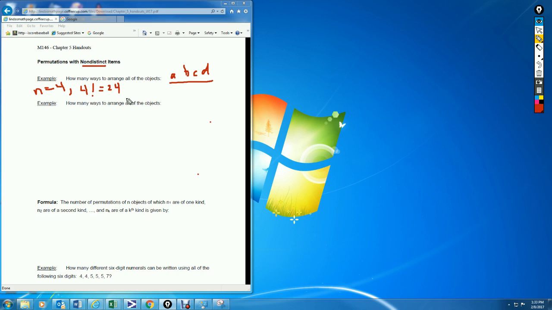So now, let's say we still have 4 objects, but 2 of them are the same. So I have the letters A, B, C, and C. So C and C are the same. I can't tell them apart. So just first of all, what do you think?